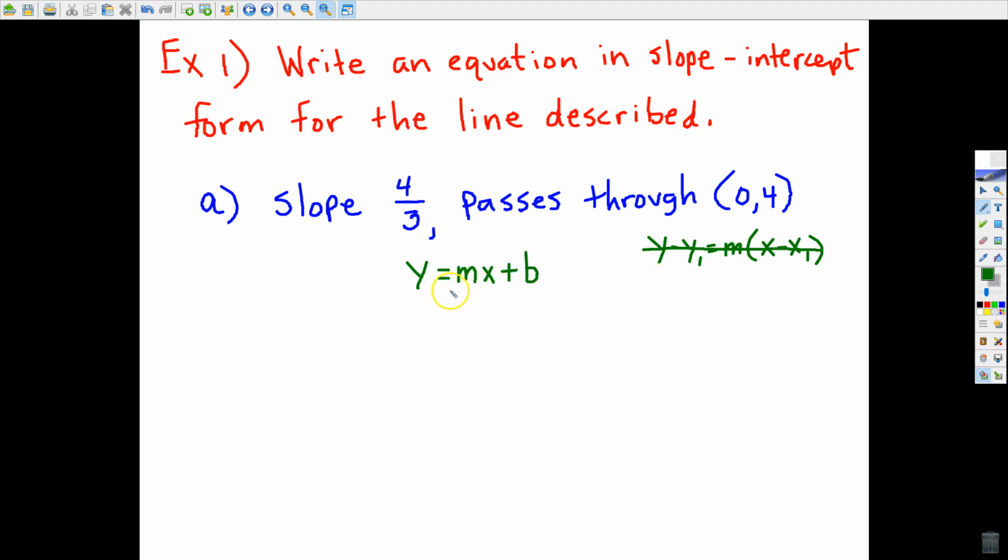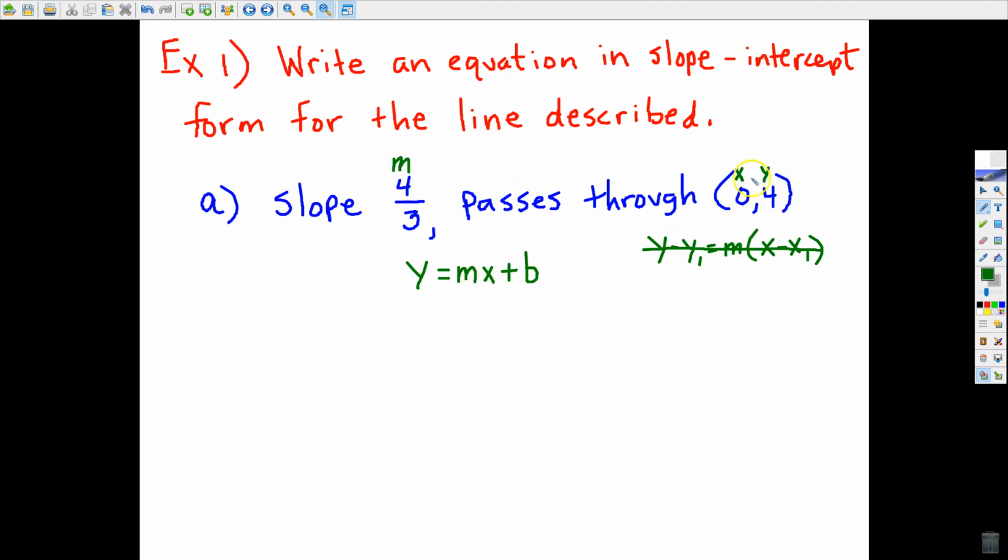Okay, so here's how I'm going to use slope-intercept form to do this problem. Remember that slope is designated with the letter m, and if I'm given a point on the line, that means, remember, in ordered pair form, this first number is x and this second number is a y coordinate.